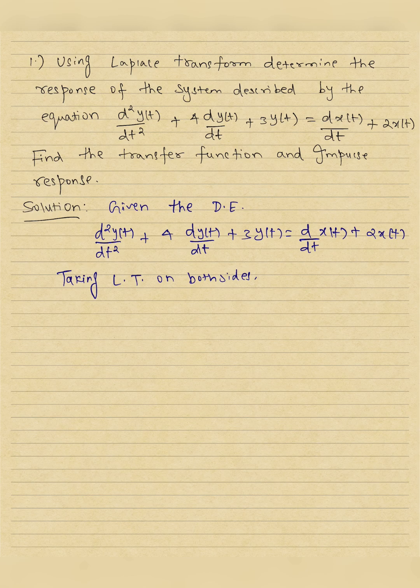So if we take the Laplace transform, L of y double dash of t, what will be its formula? s square into Y of s minus s into y of 0 minus y dash of 0.